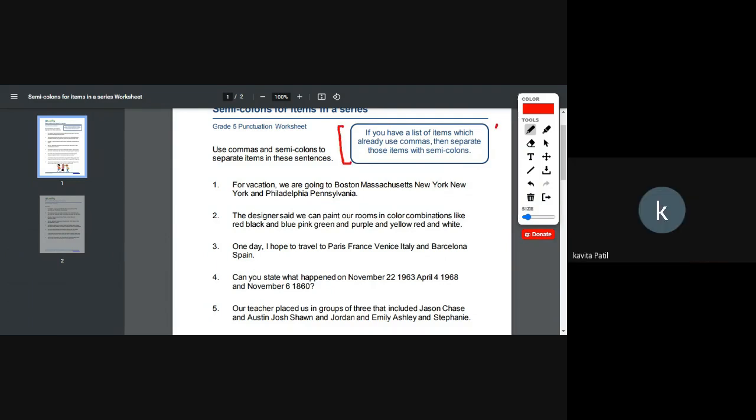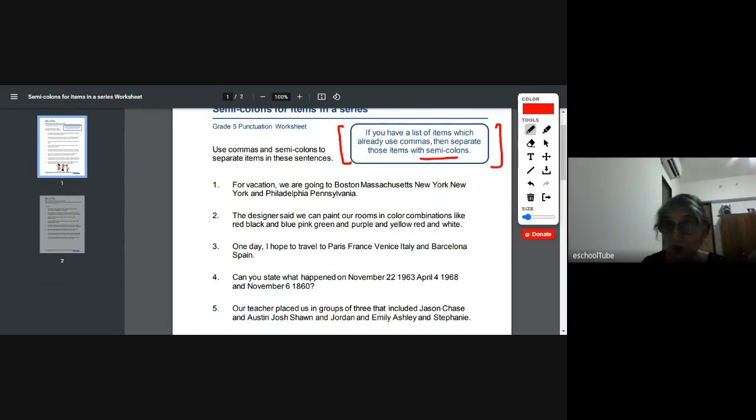Read: if you have a list of items which already use commas, then separate those items with semicolons, like I just showed you with that list. India, Pakistan. Then you separate those with semicolons. So now we are doing the use of both commas and semicolons together.